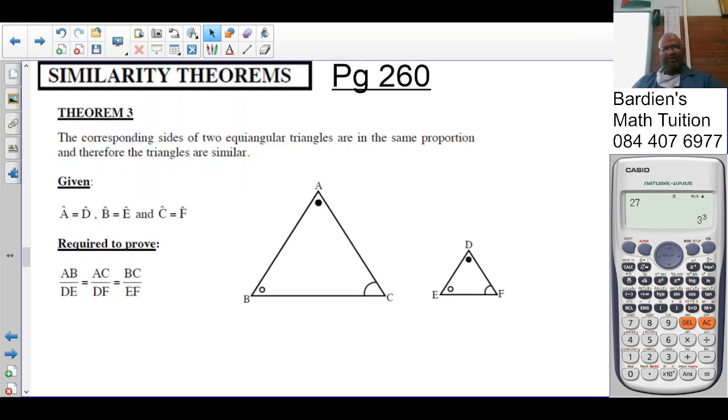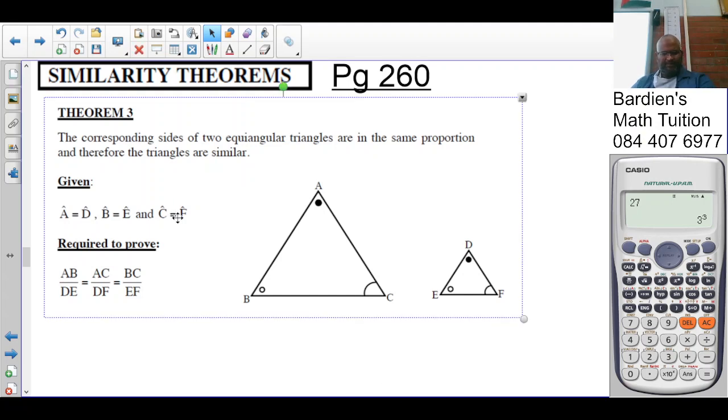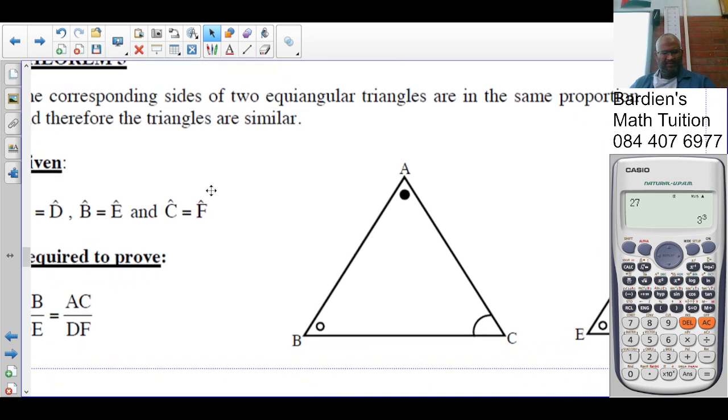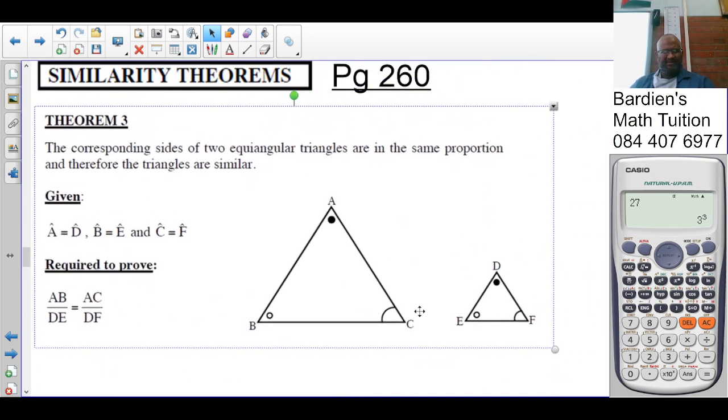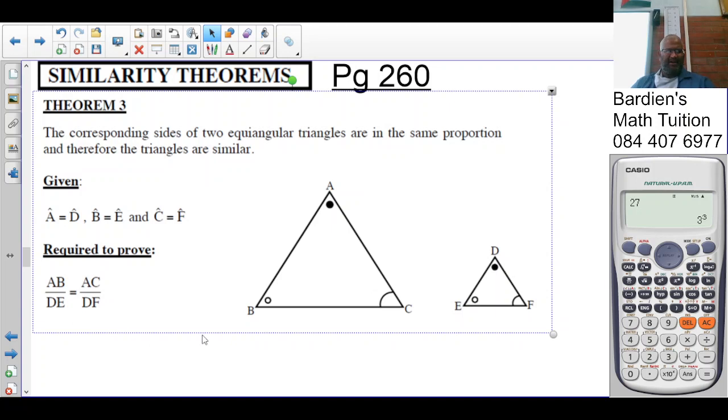Now in the exam they won't ask you a question like this. They would leave this part out. Okay? So let's recut this. This is AB over DE is equal to AC over DF.